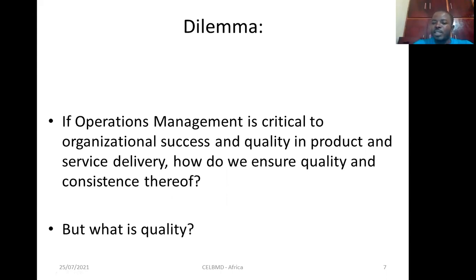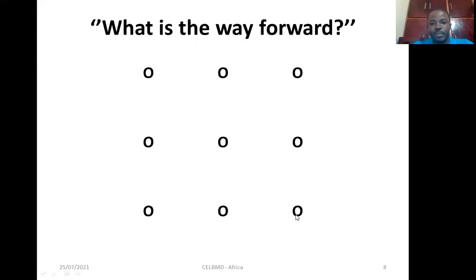How do organizations ensure this, and what in essence is quality? Usually that's a huge dilemma for most businesses, ensuring continuous quality delivery in product and services. So what is the way forward?